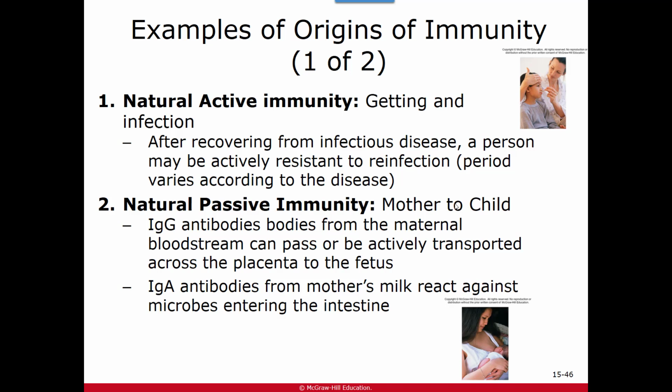Natural passive means someone acquired everyday life exposure to some type of antigen, but then passive because antibodies were passed on. The biggest example for natural passive is breastfeeding: mom, in everyday life, was exposed to something. She hadn't made antibodies, but those antibodies are passed on to baby in that breast milk.